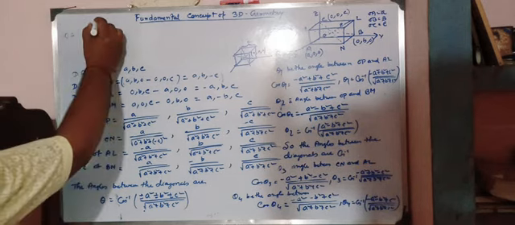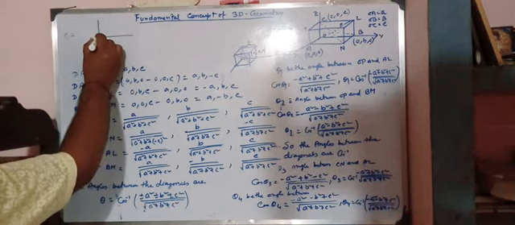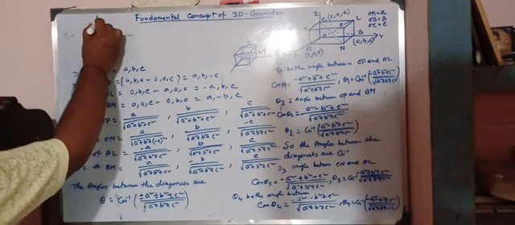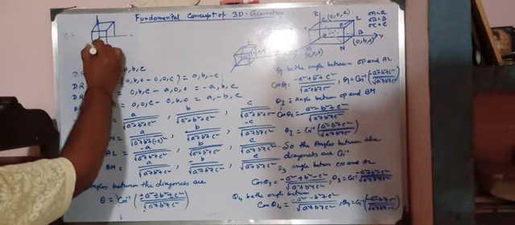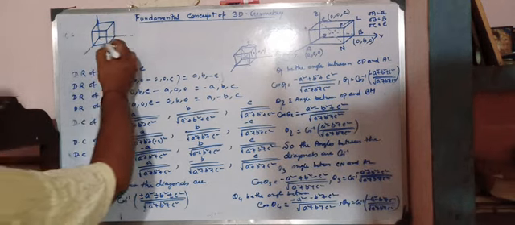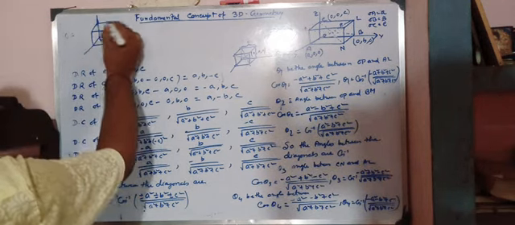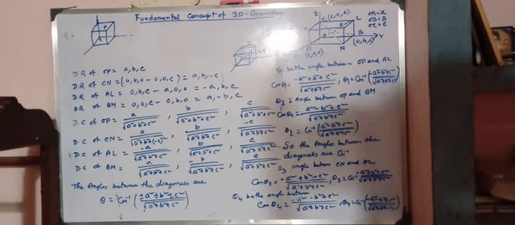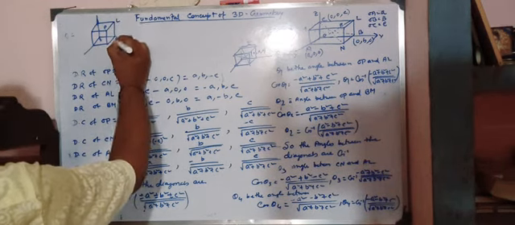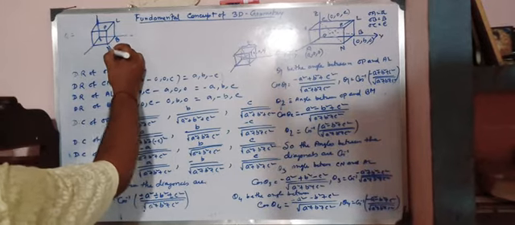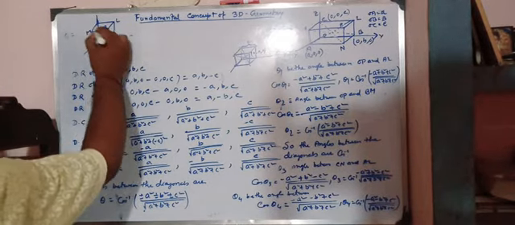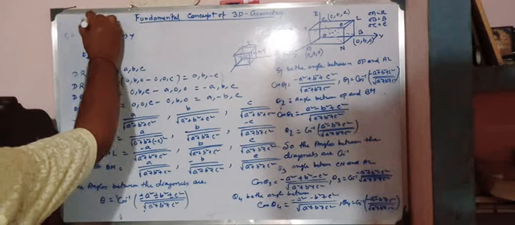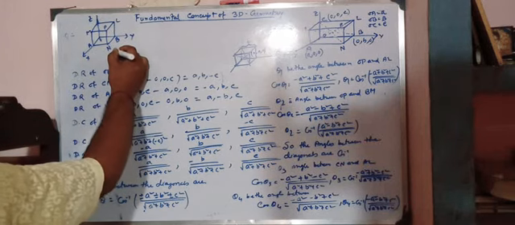If we draw the picture again, this is O, this is P, this is L, B, this is N, this is A, M, this is the Y axis, X axis, Z axis, and this is C.